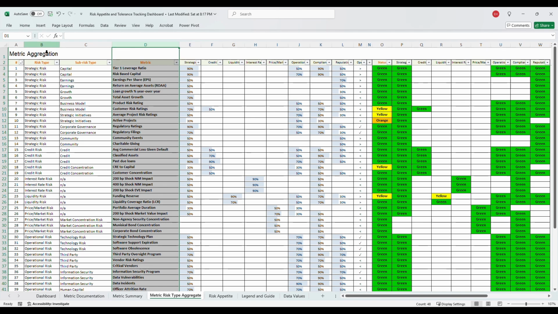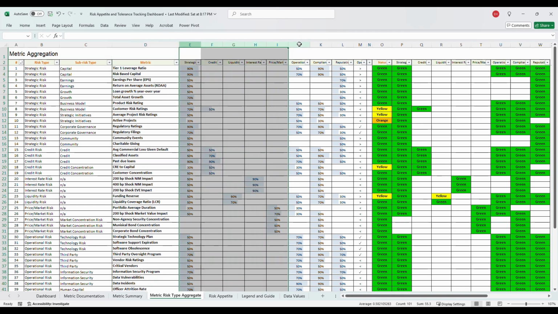And we've identified the primary risk type that it's been bucketed into, as well as an appropriate sub-risk type when appropriate. We've captured all of our various metrics here, and in addition to these metrics, we've brought over the various correlation values from the documentation.